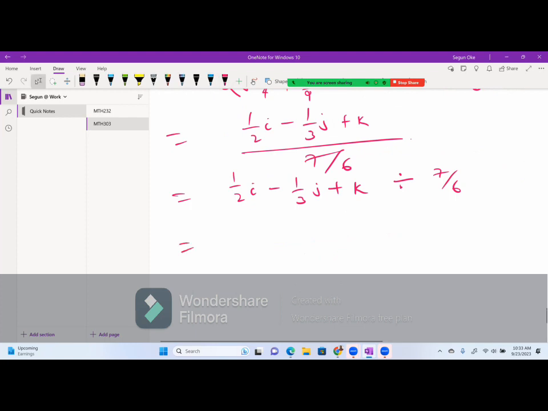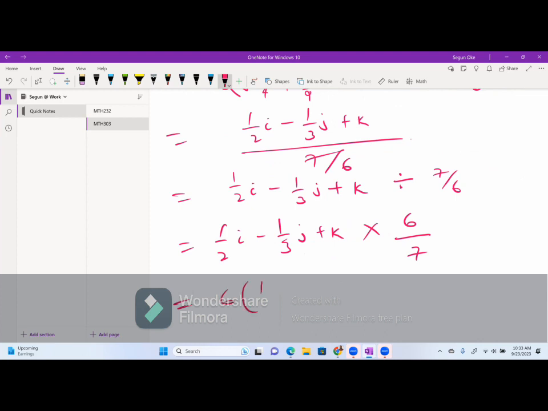So which is going to be 1 over 2 i minus 1 over 3 j plus k multiplied by 6 over 7, right? So which is going to be 6 in brackets 1 over 2 i minus 1 over 3 j plus k, everything divided by 7.